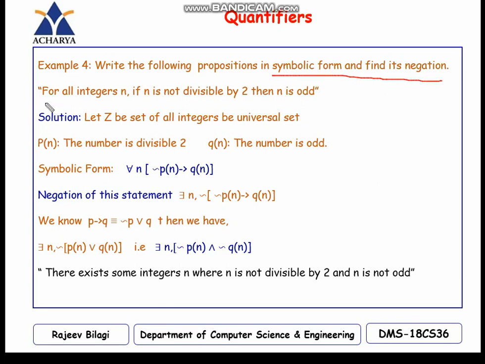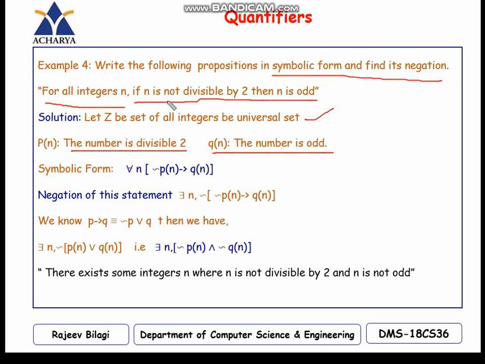For all integers n, if n is not divisible by 2, then n is odd. So I'll assume Z is the set of all integers. With this, I'll take P of n as the number is divisible by 2, and Q of n as the number is odd.